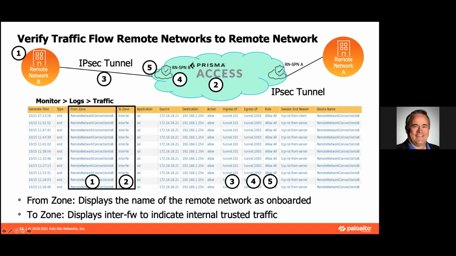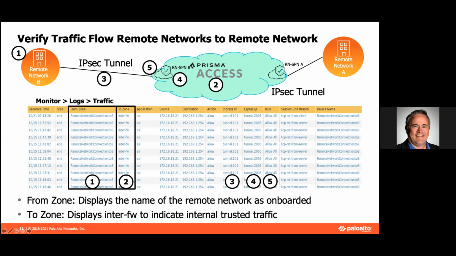But the point at which we inspect traffic in Prisma Access is when it enters into Prisma Access, when it comes from the ground up into the cloud, which is just like it is with the firewall. It hits the source interface and source zone. That's where we do security.